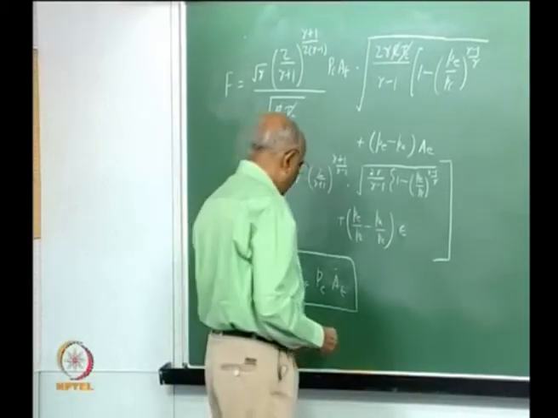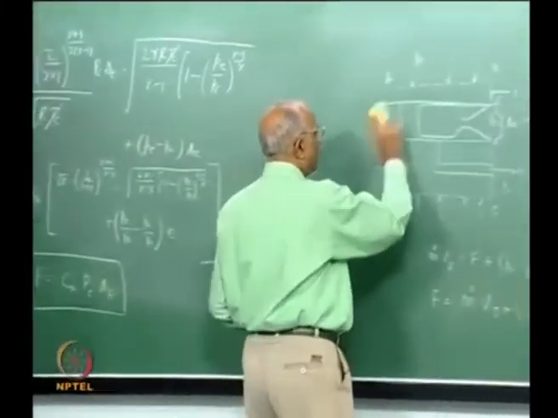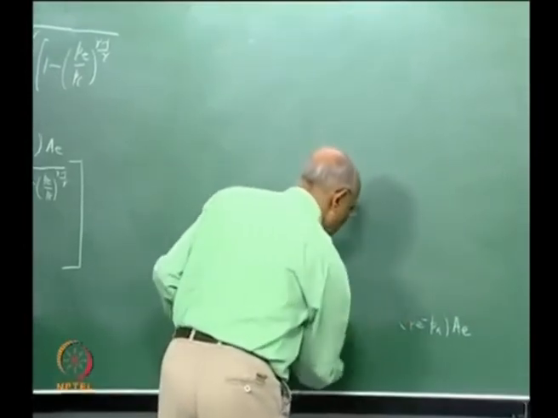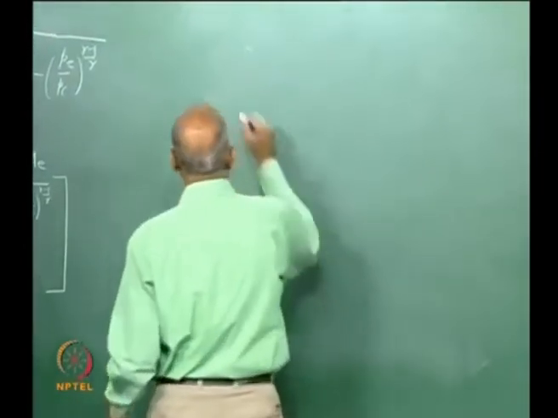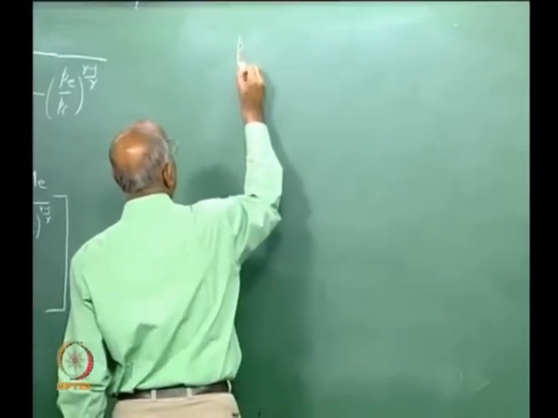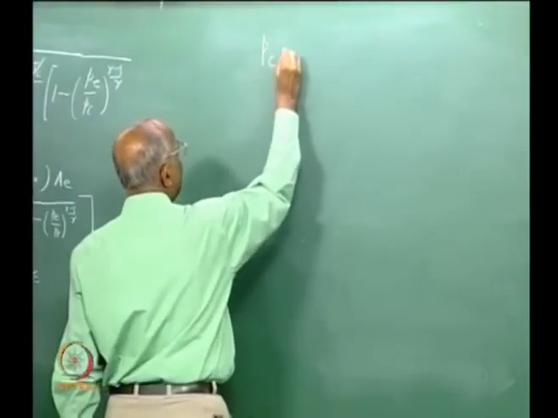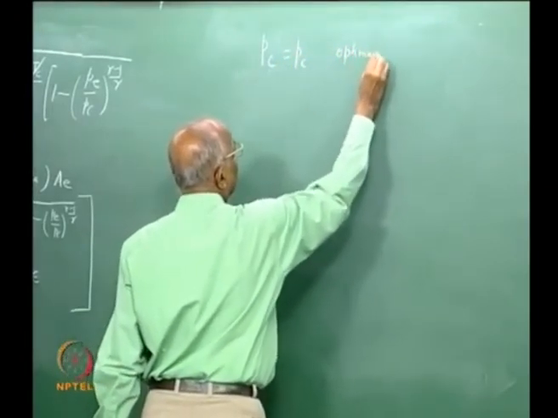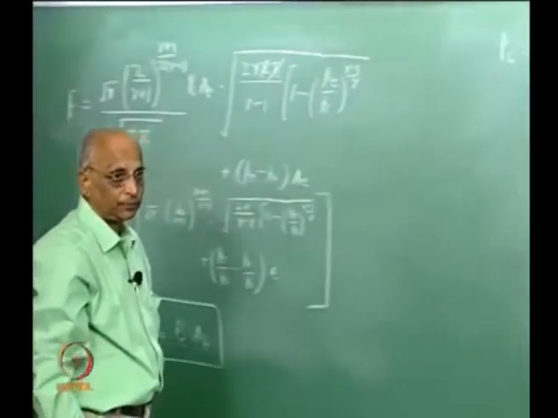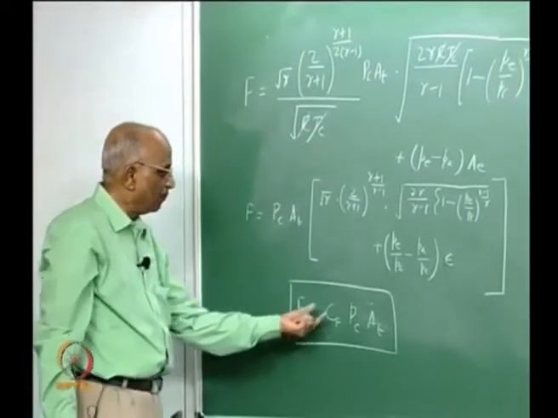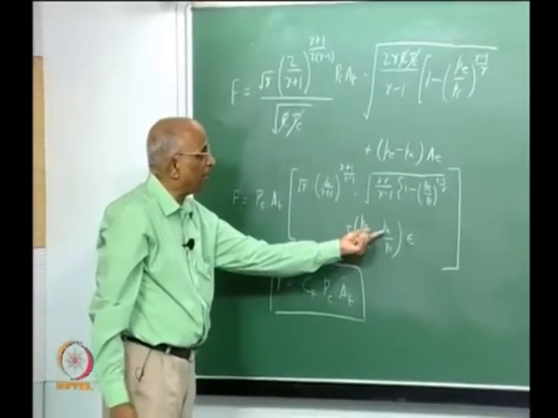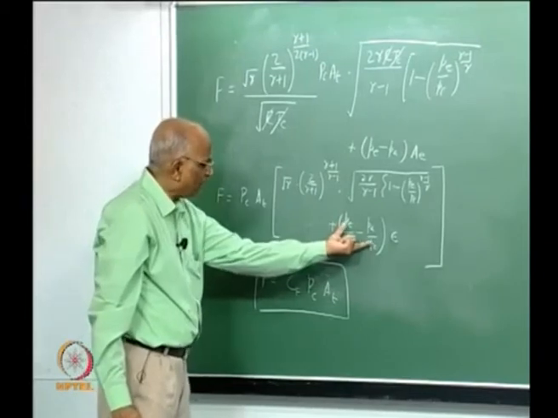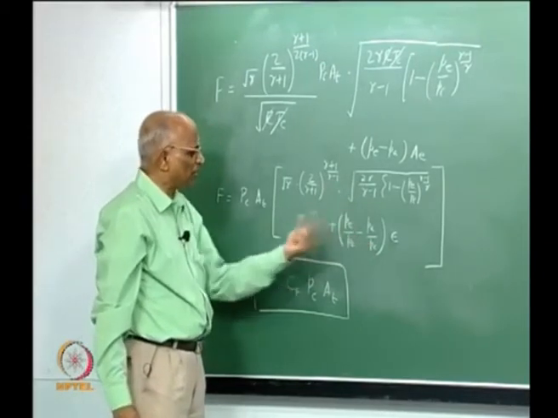Let us therefore write out the final expression for CF. I think we should not write it again and again, we know what it consists of. I want to find out what the expression will be if we have PE equal to PA for an optimum. The value of CF, that is PE equal to PA optimum, then in this case this goes to 0. Let us compare these two terms first.